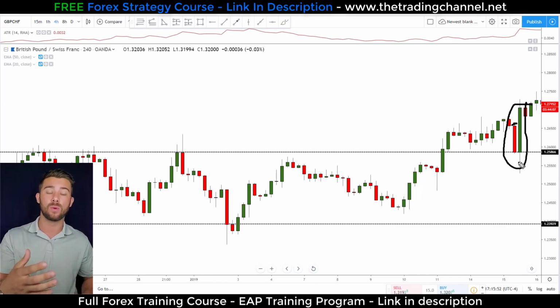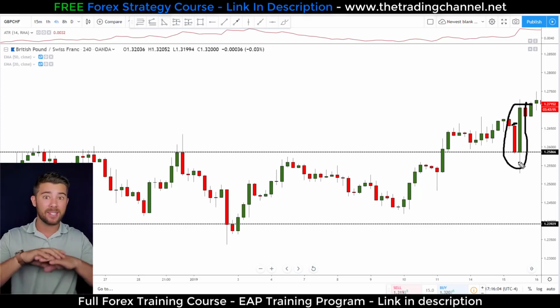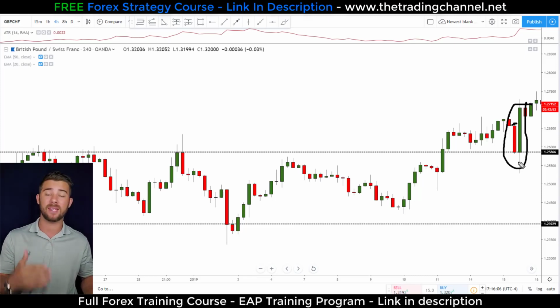And once you get these rules, you can test them in historical data and come up with probabilities. What are your probabilities of winning versus losing? What's your average risk to reward ratio on this exact strategy? And again, that takes all the confusion out of trading, and that's what helps create professional and profitable traders. It's what created a profitable trading career for me.